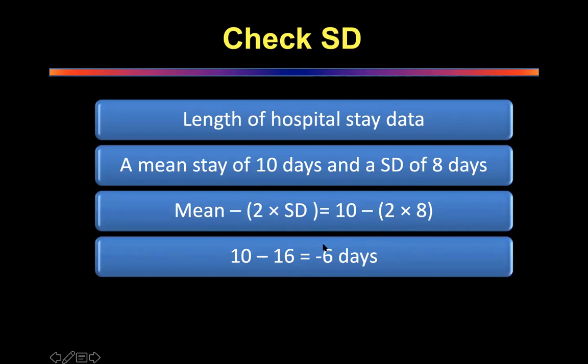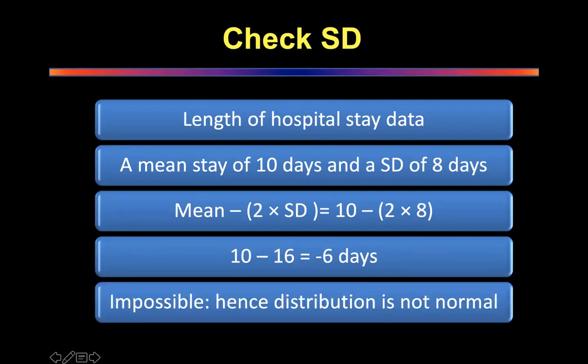Minus 6 days is not a realistic number. It can never be minus 6 days. So it tells you that this distribution is not normal. It's a skewed distribution, not a normal bell-shaped curve. Hence, the use of standard deviation is not correct in this paper.